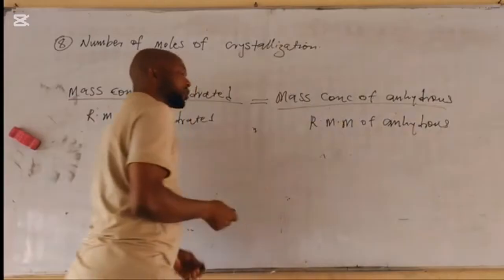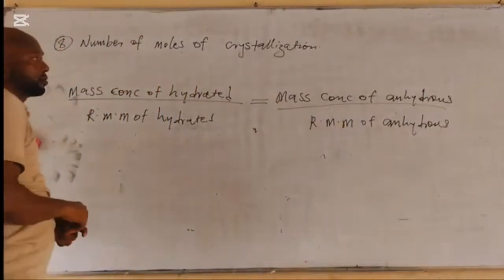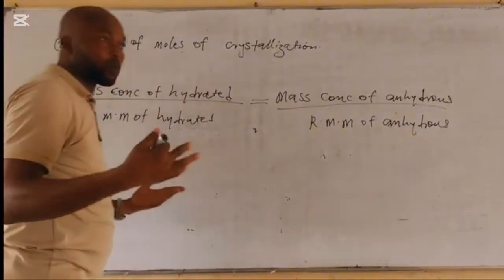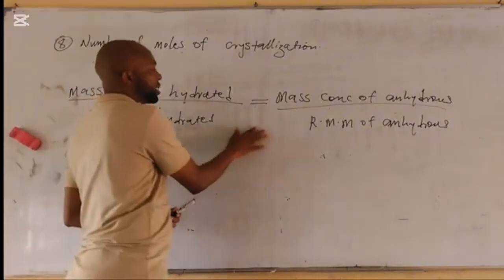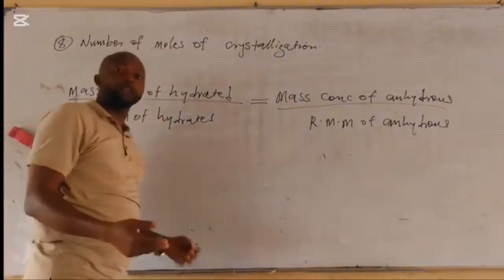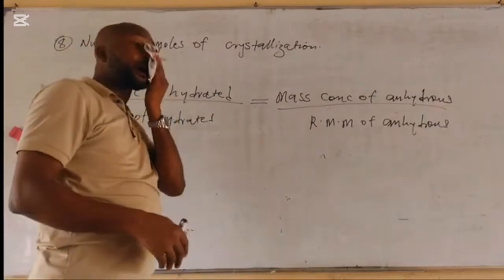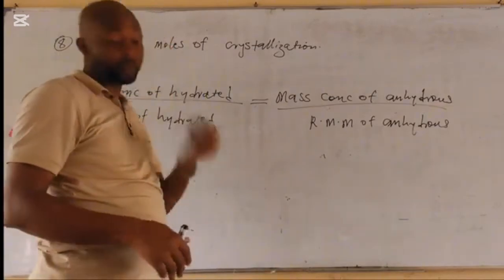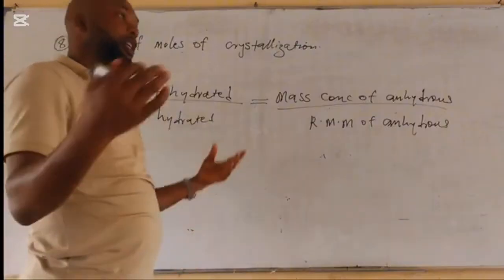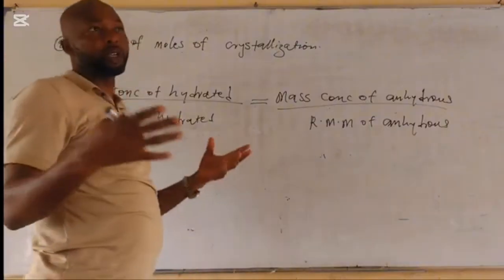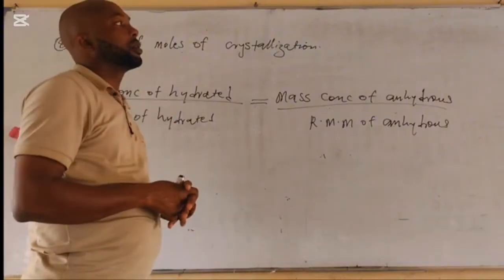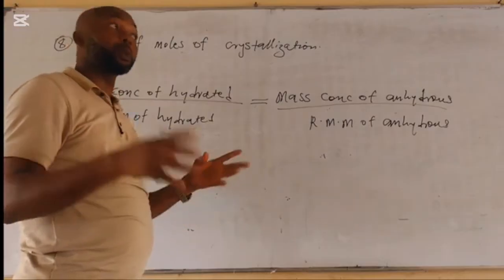Now, these anhydrous and hydrated are salts or acids that contain water in them. There are certain salts that when you expose them to the atmosphere, they absorb so much water that they become a solution. While some, the hygroscopic will absorb a little, the deliquescent will absorb so much, and so on and so forth.